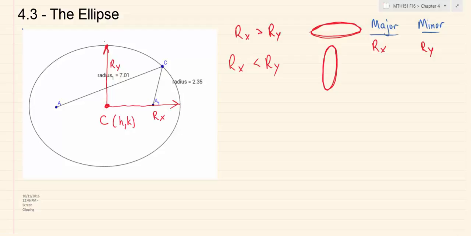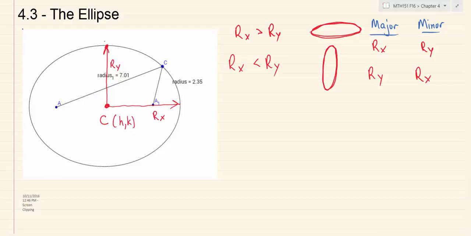We call the larger radius the major radius, or the major axis, and the smaller radius is called the minor. Major, minor. Pretty simple. On the other hand, if your ellipse is stretched vertically, then r sub y is the major axis, and r sub x is the minor axis.